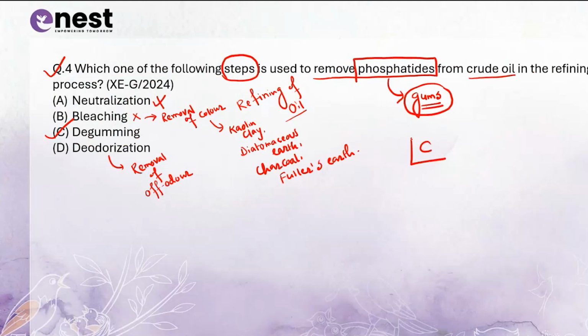So here the correct option is option C. Neutralization, bleaching, and deodorization, no. These steps are not responsible for the removal of phosphatide from crude oil.